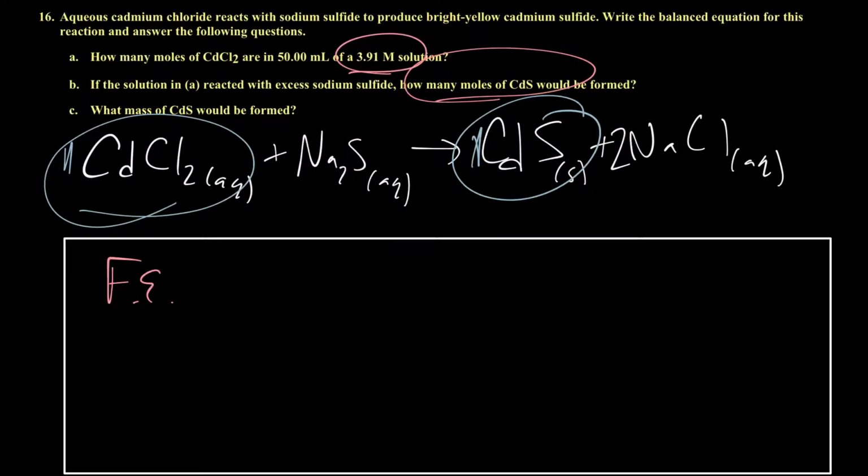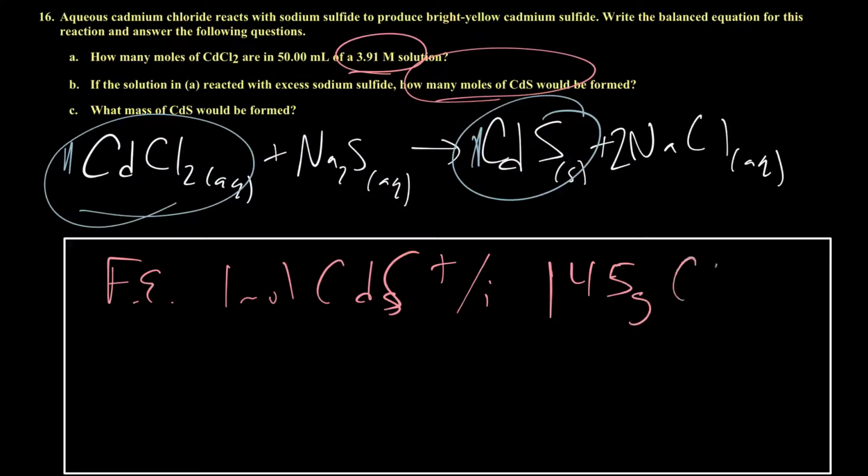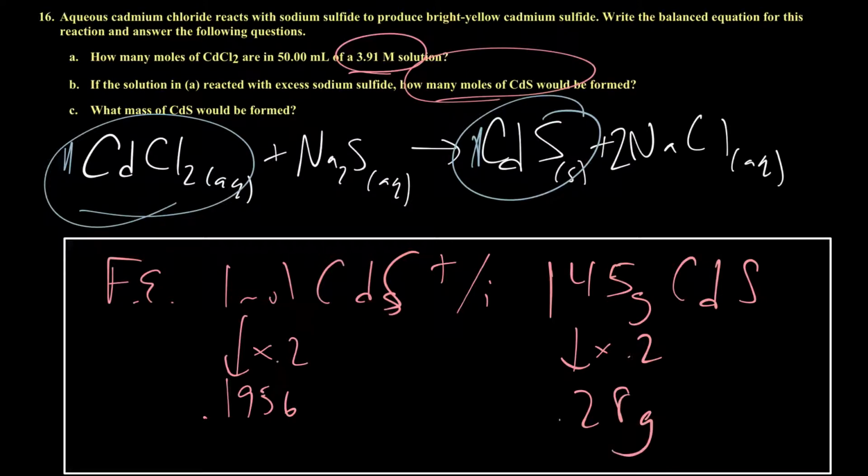So for every 1 mole of CdS, there is about 145 grams of CdS. And we ended up with 0.1956, that's about 0.2. So it's about 28 grams of CdS.